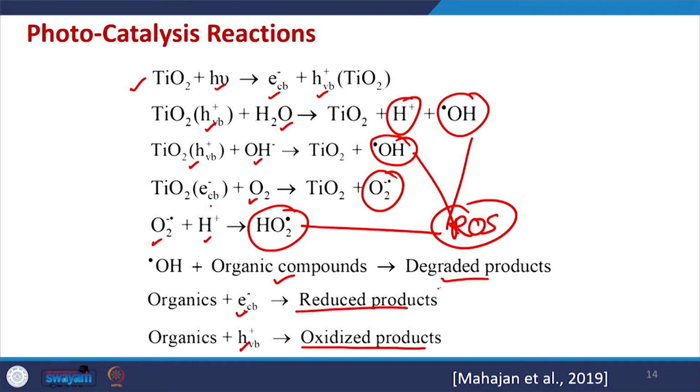This is direct reaction of the organics with the electron and hole pair, and the other is indirect oxidation, where first radicals are generated and then they react with the organic compound. This is how wastewater treatment happens via advanced oxidation processes using photocatalysis.